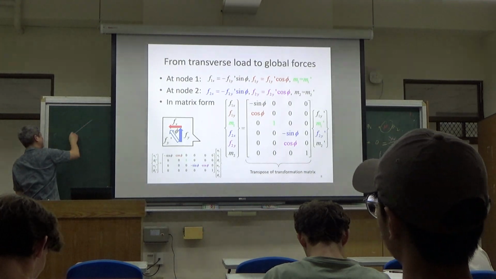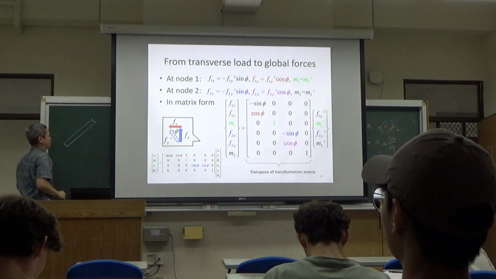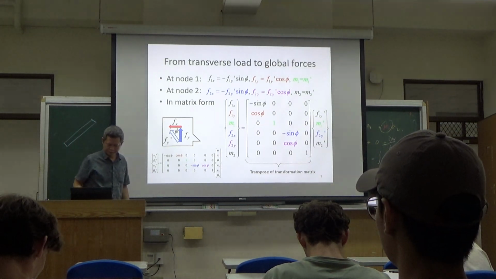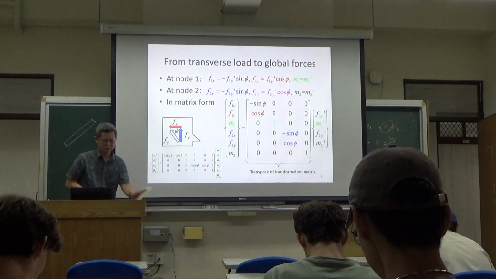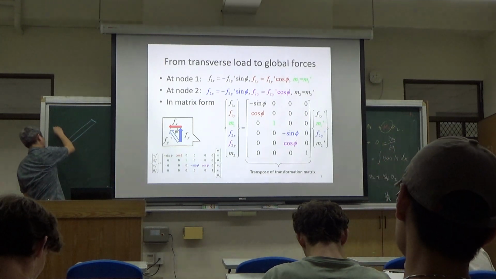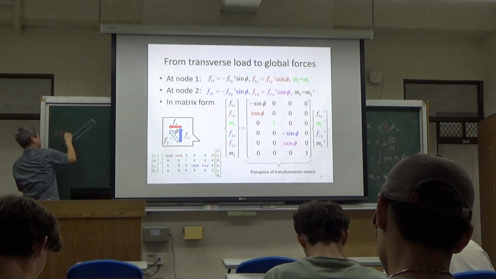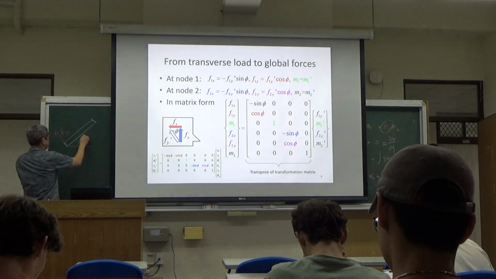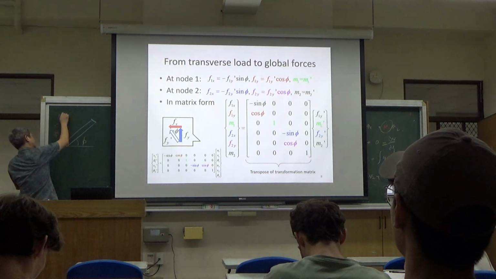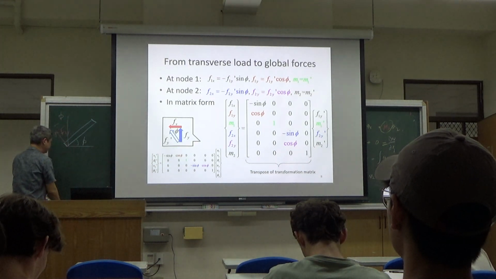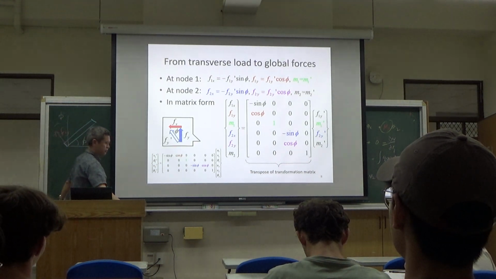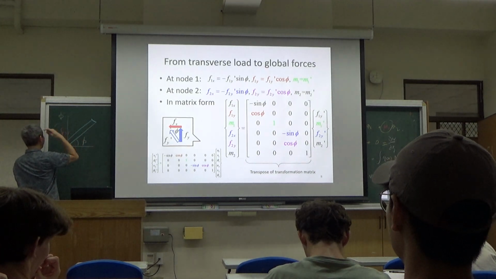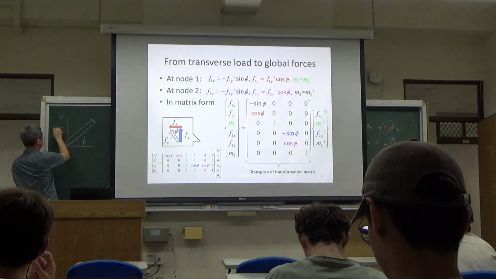So imagine now you have a beam. Your transverse force is F1. So this is the angle. This is also the angle phi. Then you can reduce your force into two components. What kind of component you want to do?